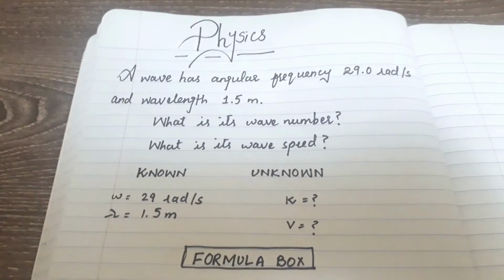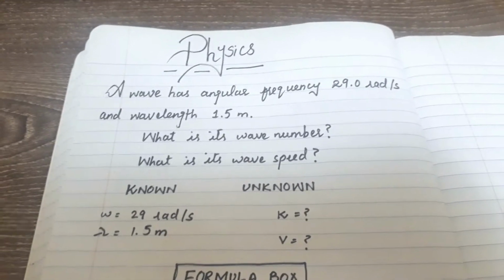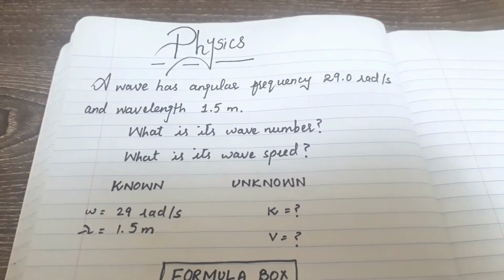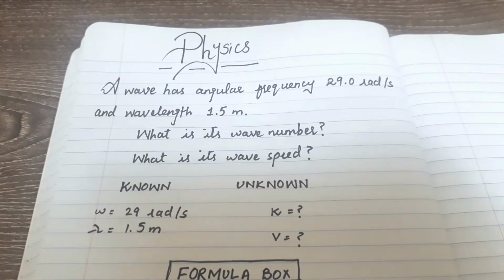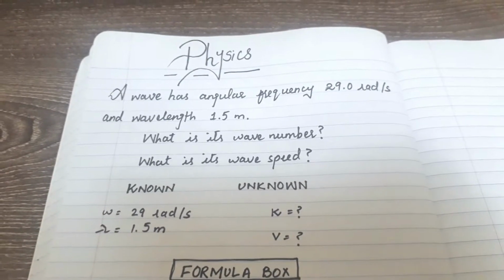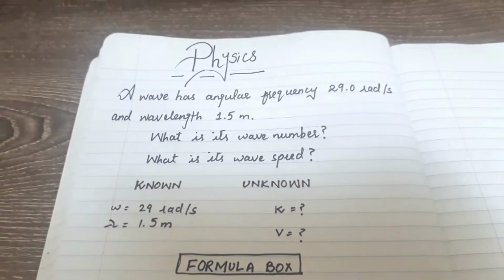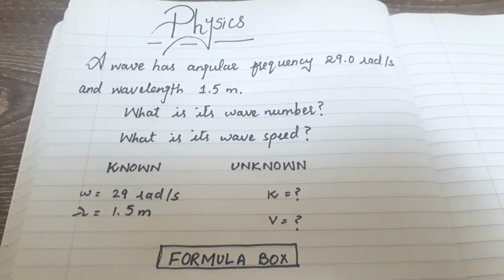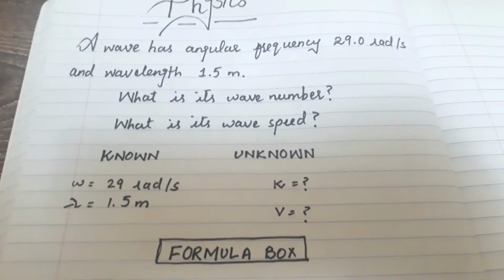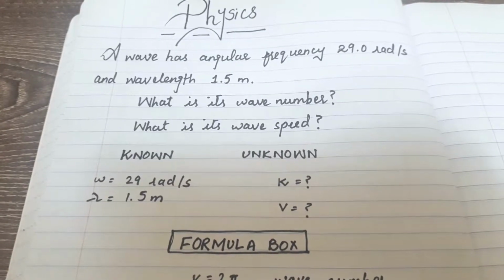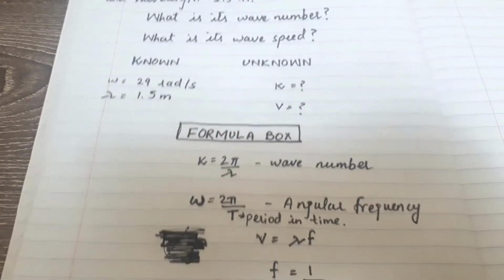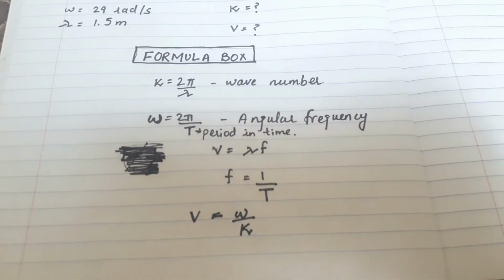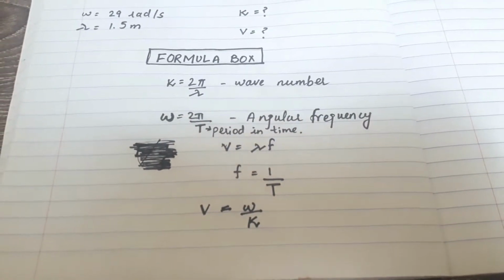Anytime we're solving physics problems, we have a bunch of formulas that we necessarily don't know how to derive, because most of the time they're derived from some really cool experiments. And for this question, we also have a bunch of formulas which are given here, which I've already written down in my formula box.